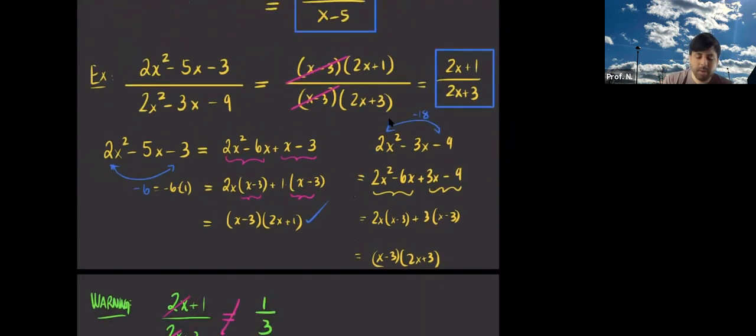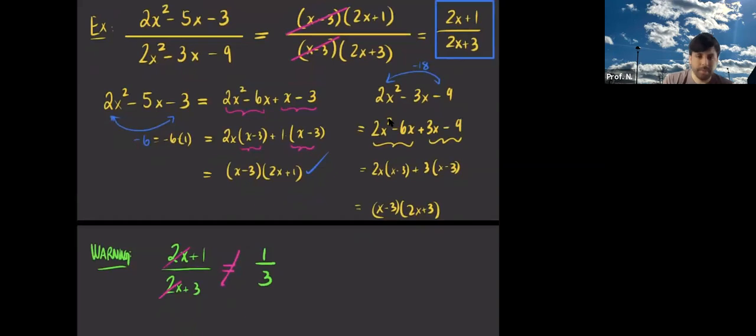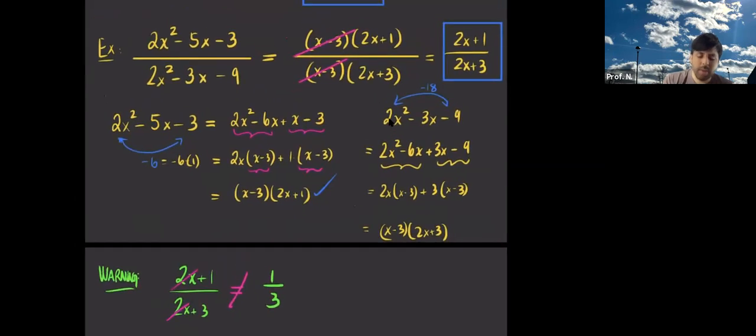You have to be a little bit more careful. Ask yourselves, why is this permissible, but this is not allowed? That's something you should think about. Why can I factor the numerator and denominator, recognize there's an x minus 3 and x minus 3, and cancel those out, no problem? But the moment I see 2x in here and 2x in here, I cannot do that step.